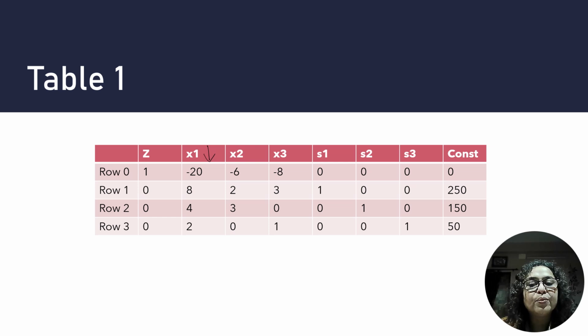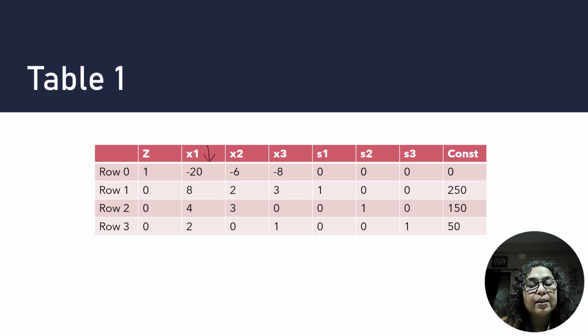And we have to decide which of these s1, s2, s3 it is going to replace. Now, how do we decide on that? What we do is we divide all these constants by the coefficient of this incoming variable. Why do we do that? We do that so that we get that particular pivot element for which all the constraints will be satisfied.